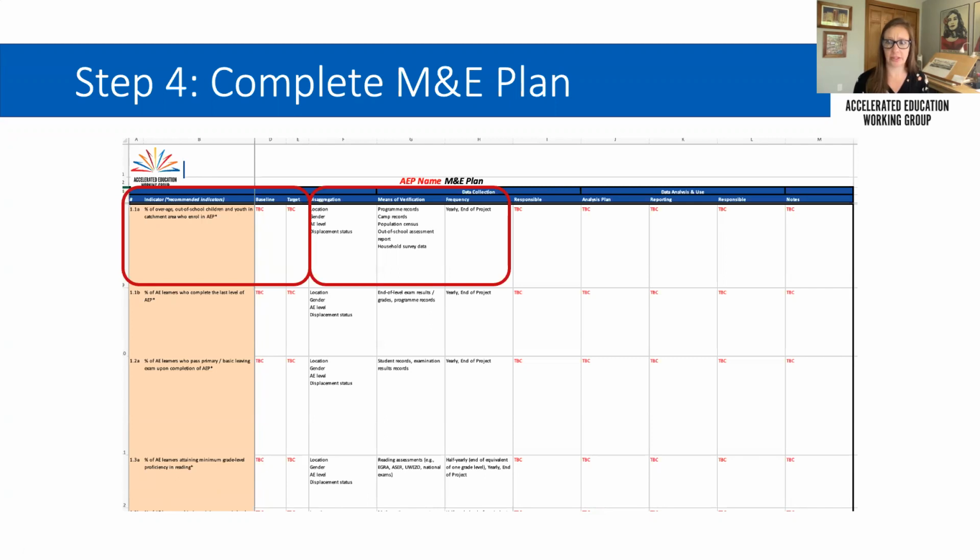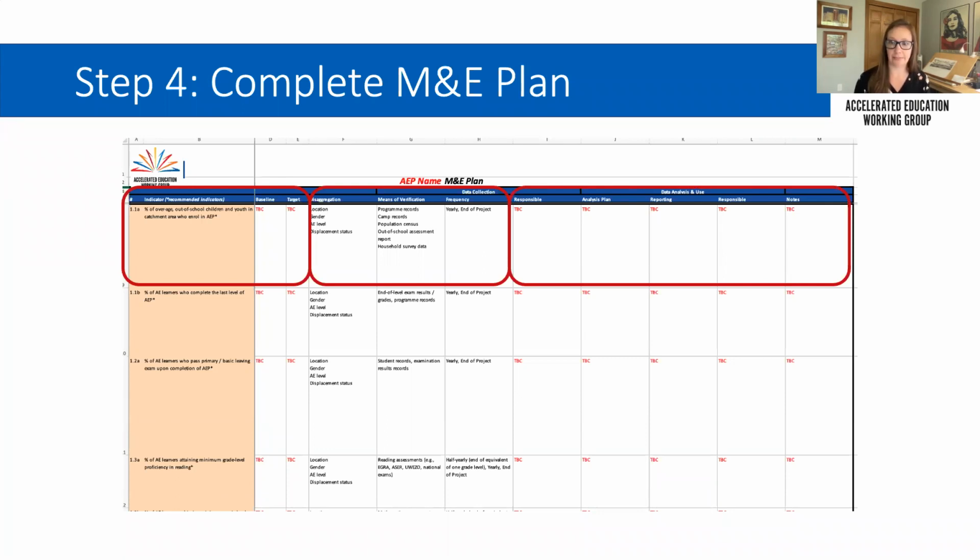And just an important note that in accelerated education programs, we really feel it's important to disaggregate data at a bare minimum by location, gender, AE level, and displacement status. But there are other identities or characteristics that folks might choose to disaggregate on, such as ability or disability status or ethnicity. And you might also choose to go beyond disaggregation to use equity indicators.